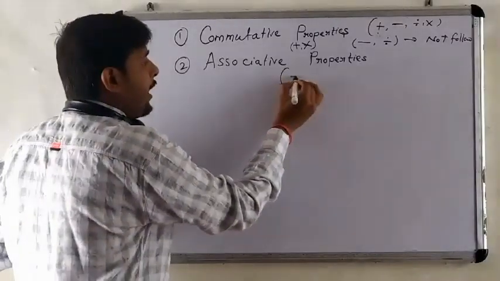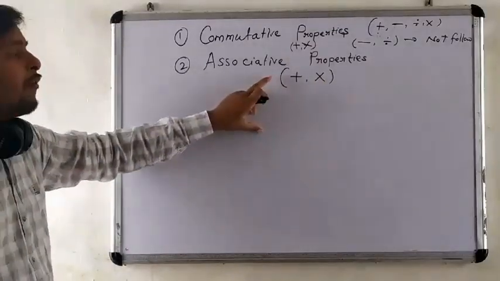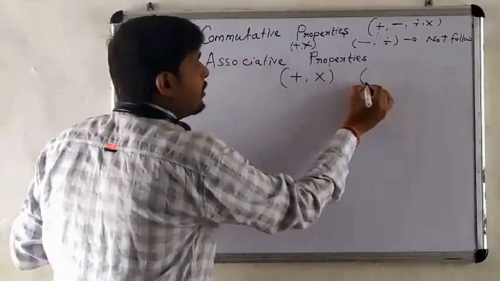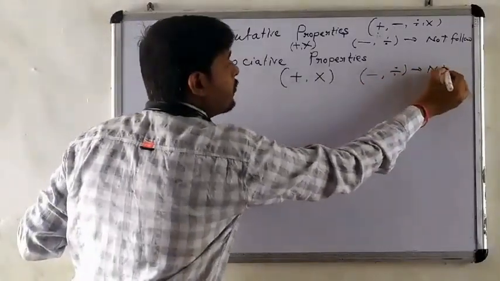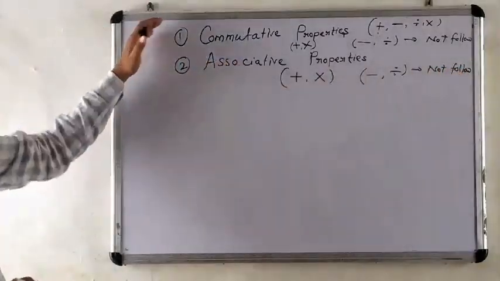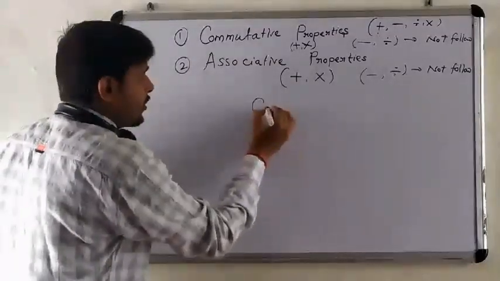Similarly, addition and multiplication follow associative properties, while subtraction and division do not follow the associative property. Let us study in detail.